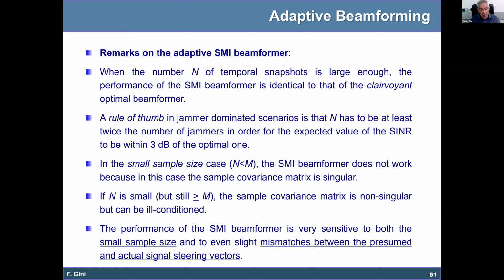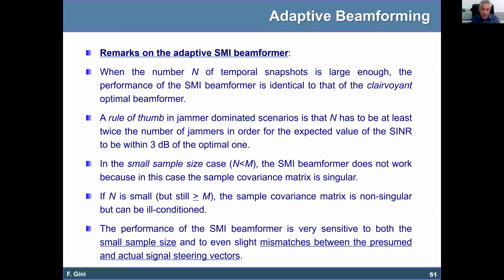If the disturbance is dominated by jammers, which are directional, the RMB rule should be replaced by another rule that says that the number of snapshots should be at least twice the number of jammers.